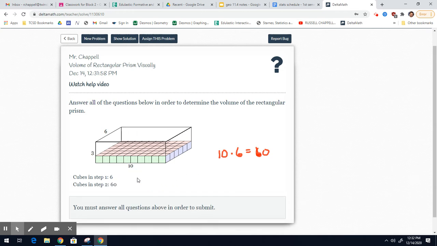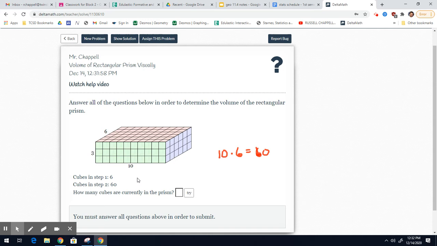And now the third play is we're going to take those 60 squares and we're going to do a height of 3. So we're going to make 3 levels of those. So now we're going to take the 60 and multiply by 3 to get, sorry, Delta Math lag sometimes, 180 cubes.